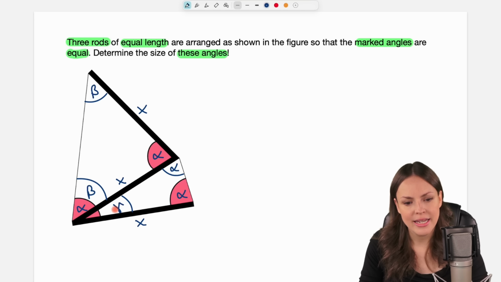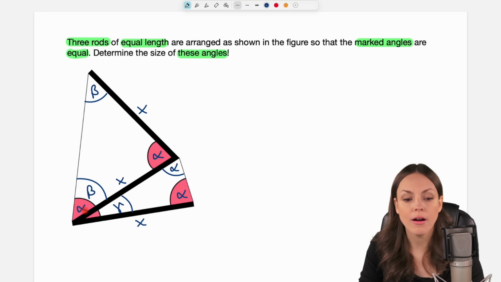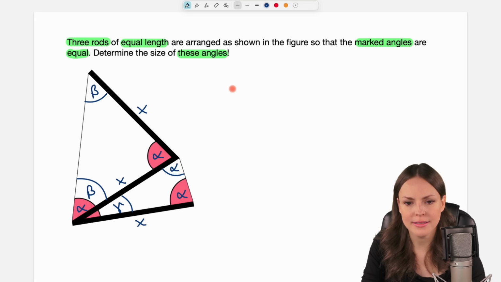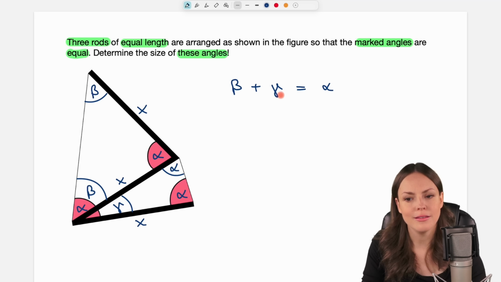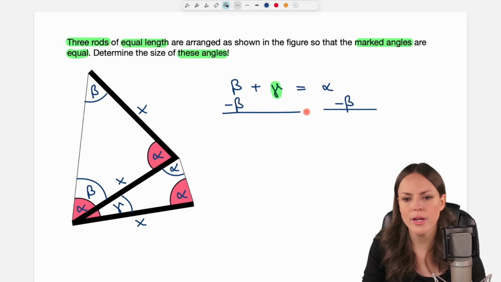Well, this angle here lies next to this angle beta, and both of them together are alpha, which means that if I take beta and I add my gamma to this, then I get the angle alpha. And this is an equation that I can solve for gamma, for example. So let's get rid of beta here by subtracting beta on both sides of the equation.